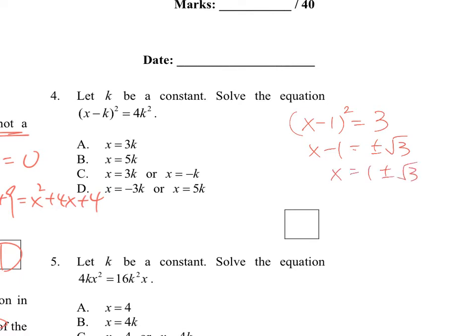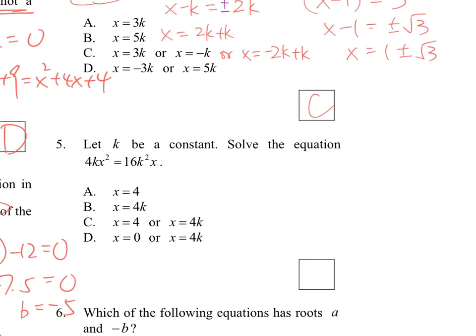You can take the square root on both sides, and remember the positive case and the negative case. Therefore x equals 2k plus k, or x equals negative 2k plus k. Therefore the choice should be C.